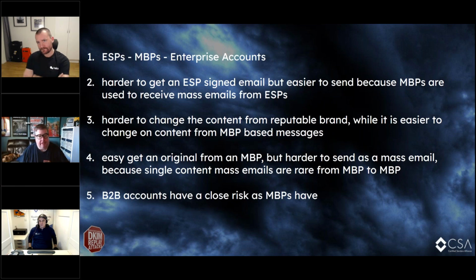And then you have enterprise accounts, which I think of as in the middle. Think of your customer of O365, Google Workspace mailboxes, or your custom domain hosted on Fastmail. It's paid email infrastructure where users can set content, but it's still a paid barrier to entry. And all of those have different risk levels associated with them.